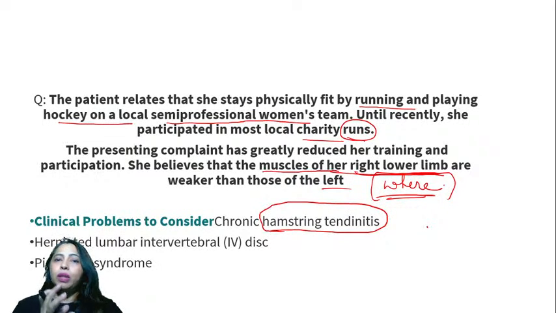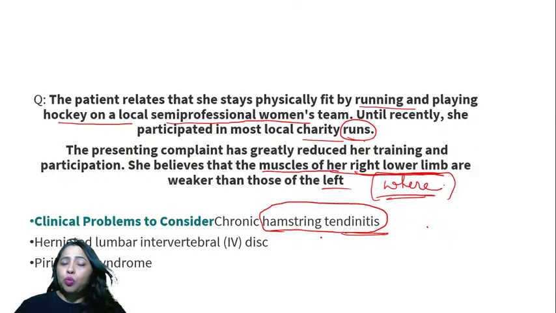And also all these hamstrings have the insertions on the back side of the knee, that is the popliteal fossa boundary it forms. And they also have the tendinous insertion, which is very conspicuous, and there is this knee joint, which has a lot of movement, and so the tendinitis or inflammation of the tendon could happen, and this is known as hamstring tendinitis. So that is one thing to consider.